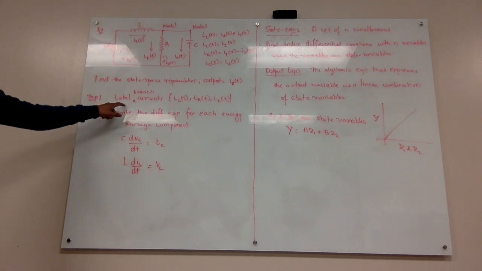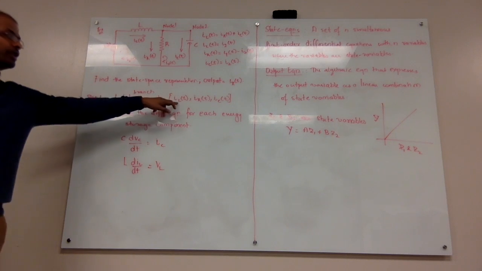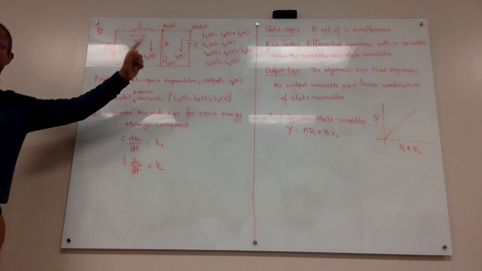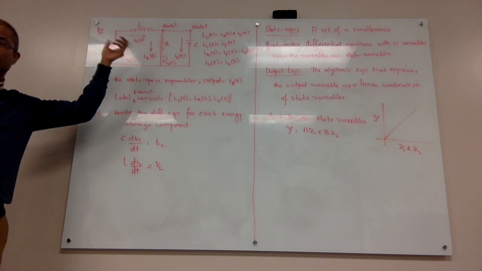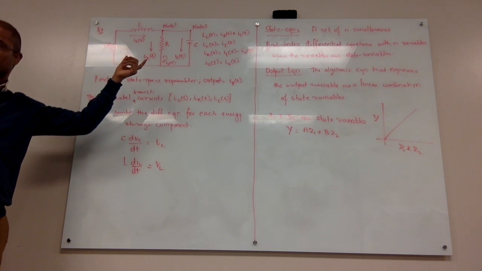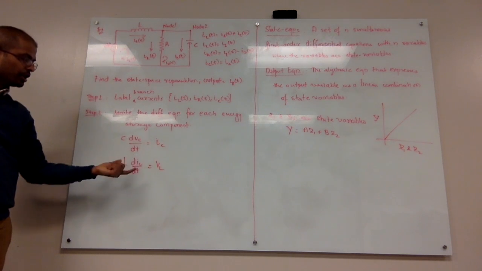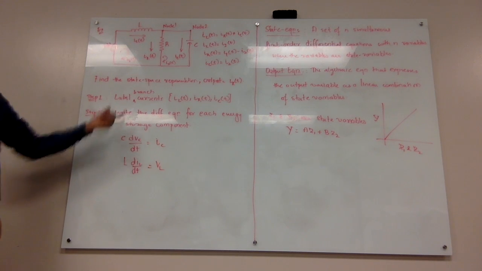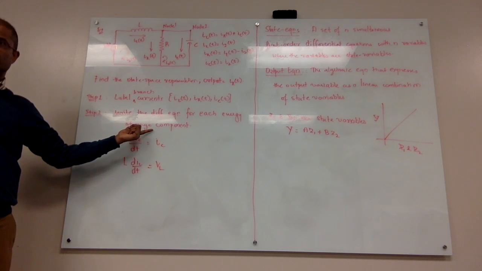The first one is simple: you just identify the branch currents, IL, IR and IC. You don't need to do I1 and I2. I'm just showing you how I1 and I2 relate to these branch currents. The second step is to identify the energy storage elements. Inductance and capacitance are called energy storage elements.